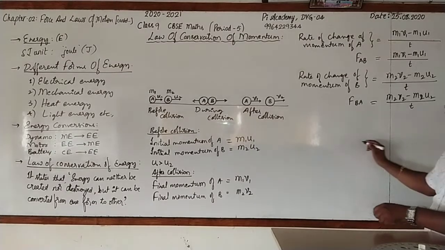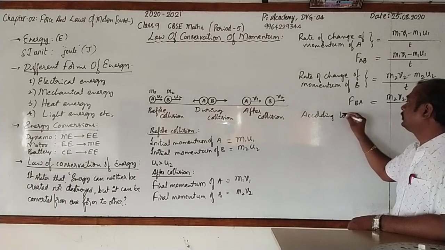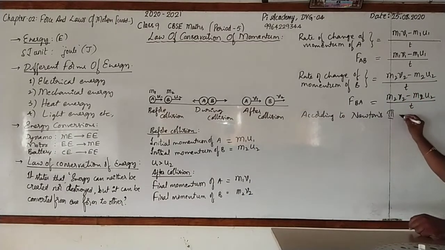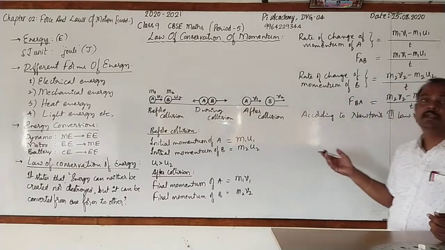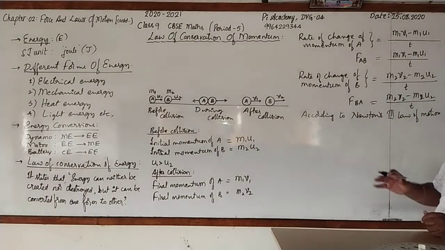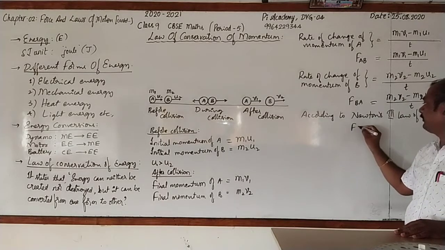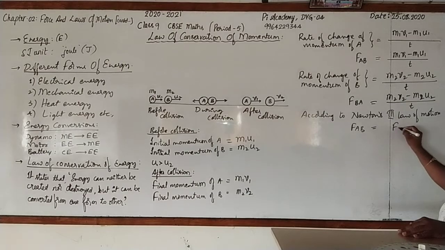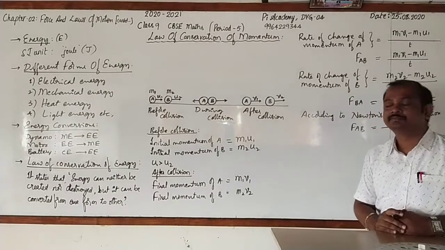Clear? Now, according to Newton's third law of motion, we know that to every action there is an equal and opposite reaction. Action is the force exerted by A on B, that is FAB, which is equal to the force exerted by B on A, but it will be in the opposite direction.